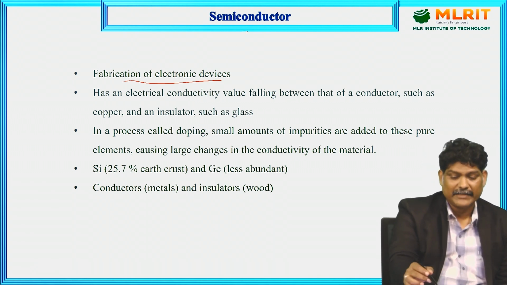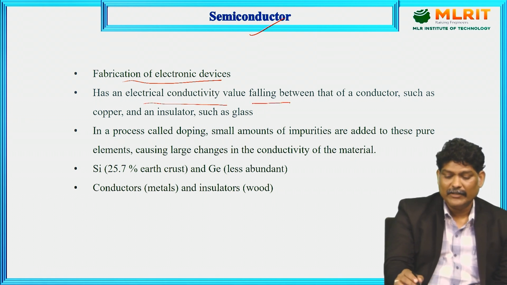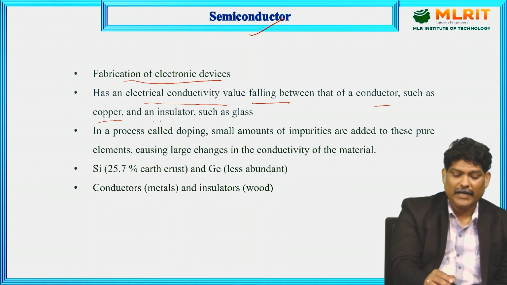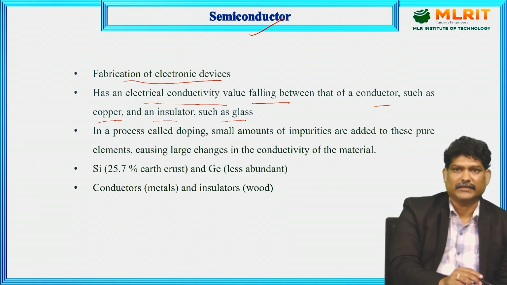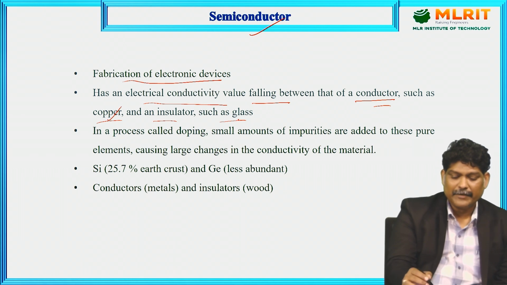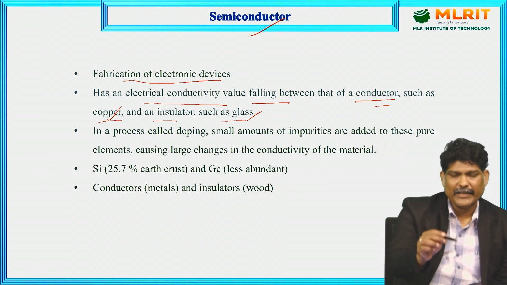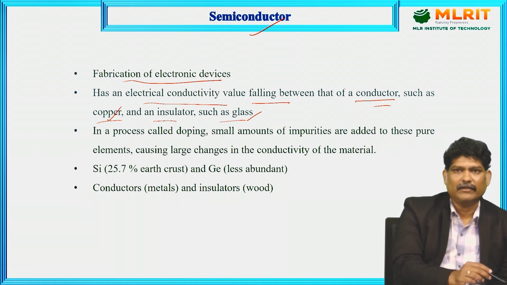A semiconductor has an electrical conductivity value falling between that of a conductor such as copper and an insulator such as glass. This electrical conductivity is very much used in the fabrication of electronic devices.